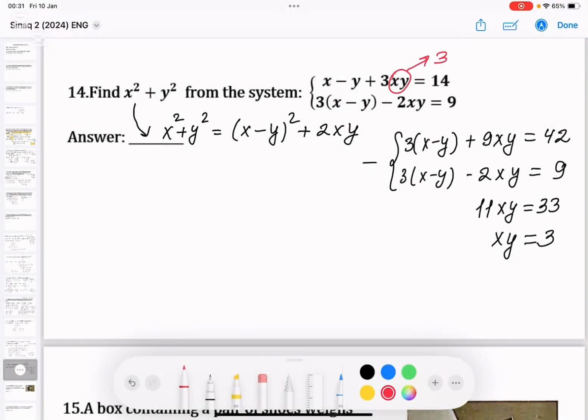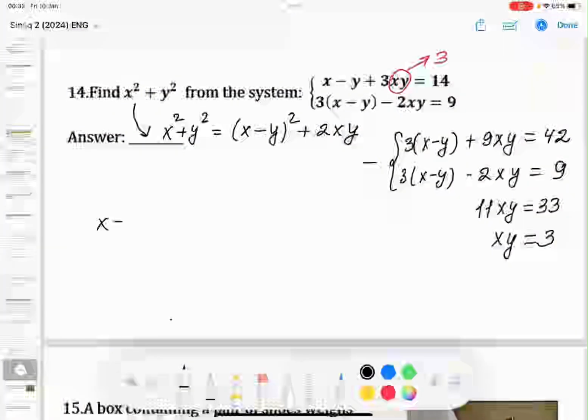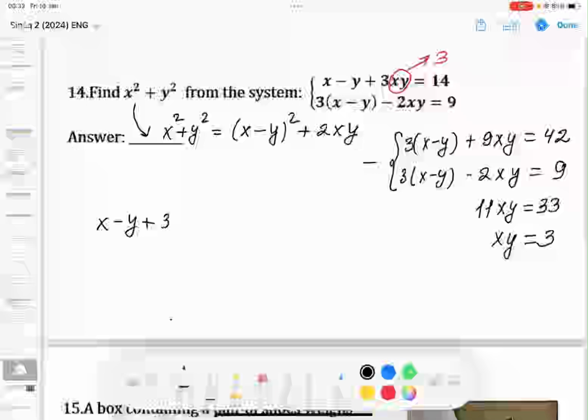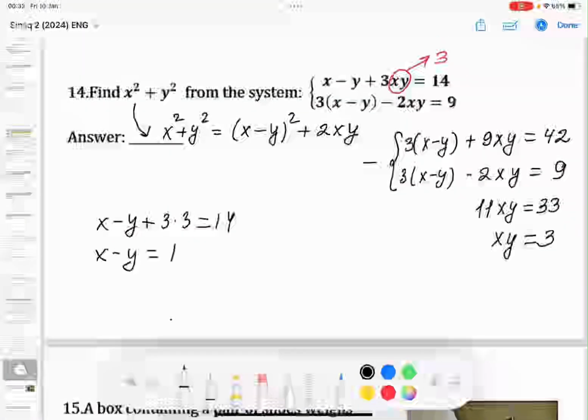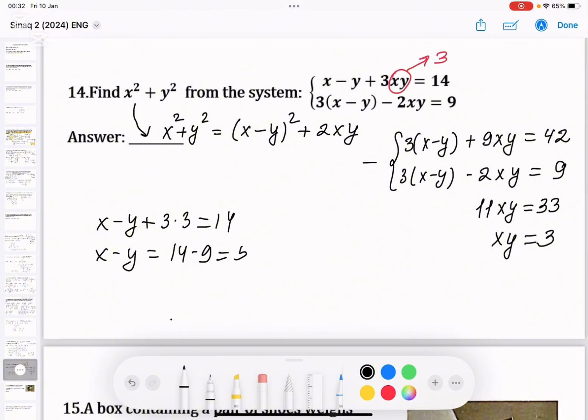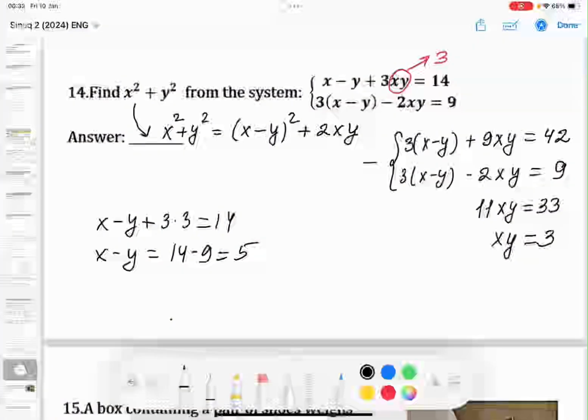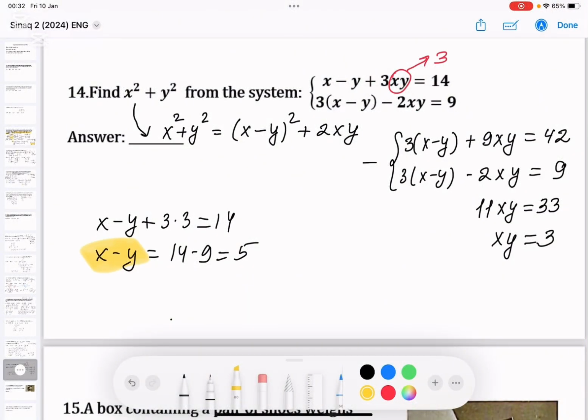So you can actually plug xy that is equal to 3 into either of these equations, the first or second equation. For me, it looks like the first equation is a bit easier to work with. So I'm going to write x minus y plus 3 times 3 equals 14. x minus y equals 14 minus 9, which is 5. That's it. I know the difference. It's 5. I know the product.